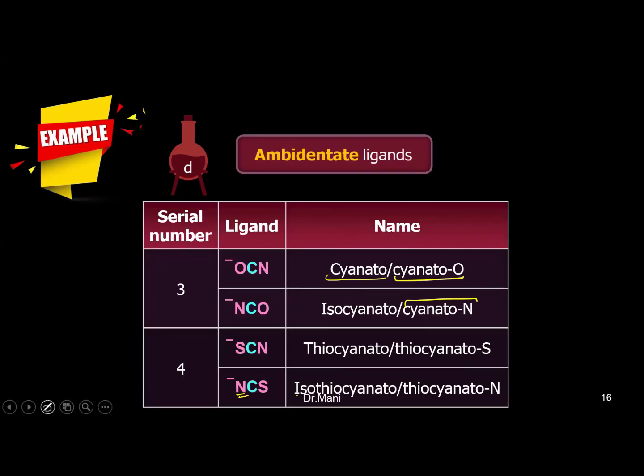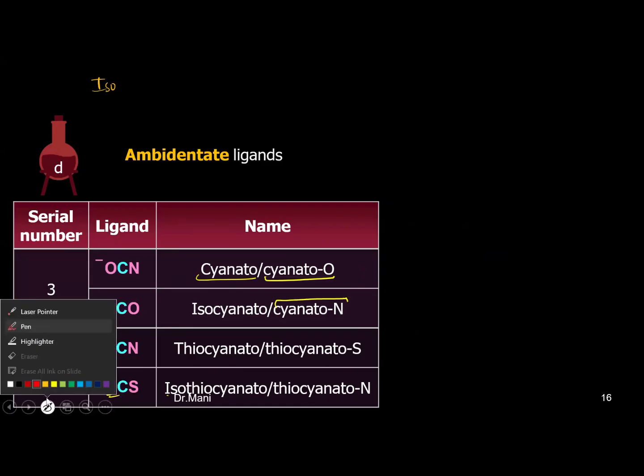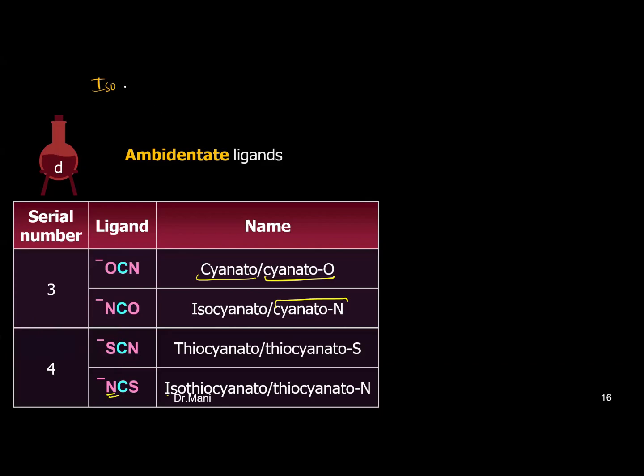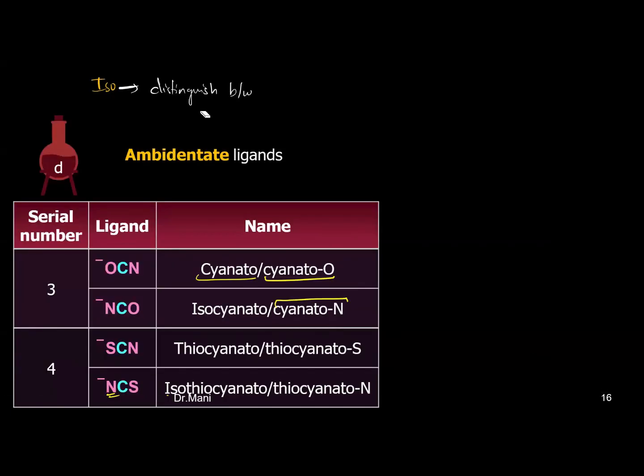When do we use iso? Remember this. When we use this word iso, it is usually used to distinguish between two different bonding modes.